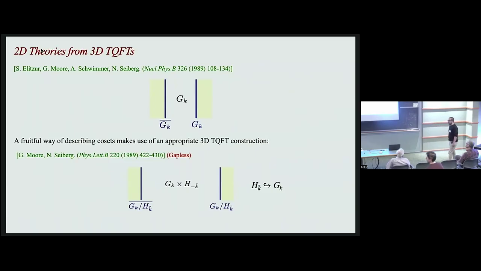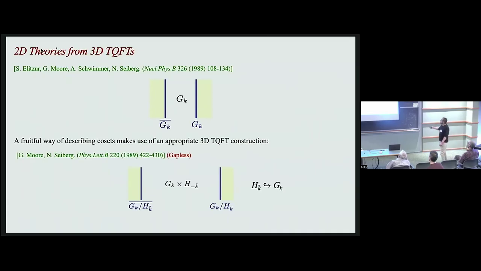That's a standard construction. A little bit less known, but basically in the same spirit, is the fact that we can study cosets G_K over H_K' by studying G_K with H_K' reversed. Instead of imposing Dirichlet boundary conditions for each gauge field in G_K, we impose boundary conditions that tell us how H_K' embeds into G_K. The statement is that this gives us a 3D construction for the 2D coset theory.